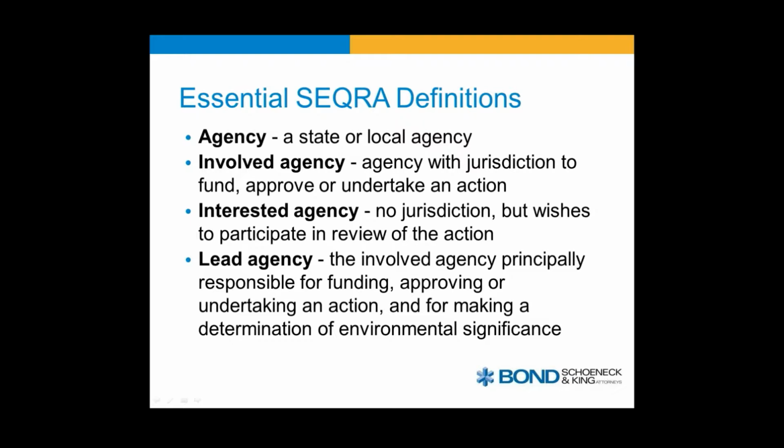So for example, something's happening in a town and the neighboring town may want to be an interested agency in that process if the project is close to the municipal boundary line. So that's an example of what an interested agency would be. The lead agency is always going to be an involved agency. So an interested agency can never be a lead agency.